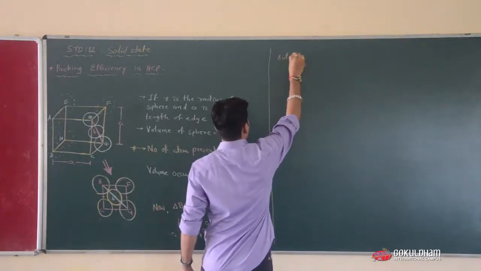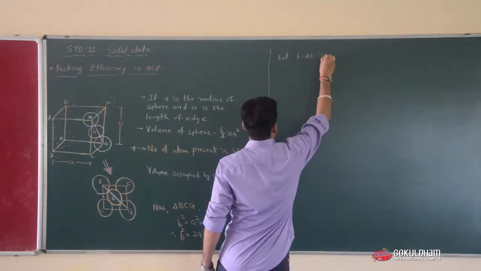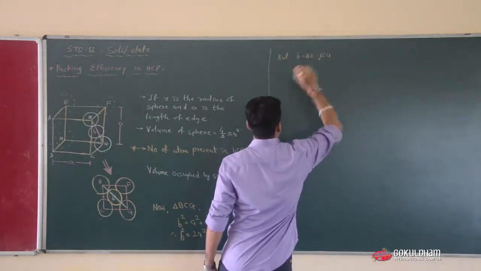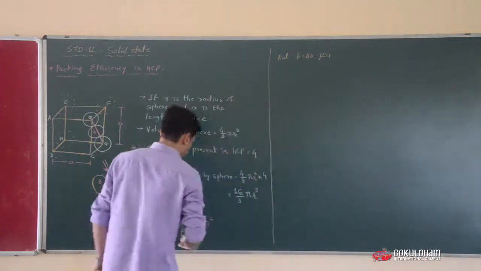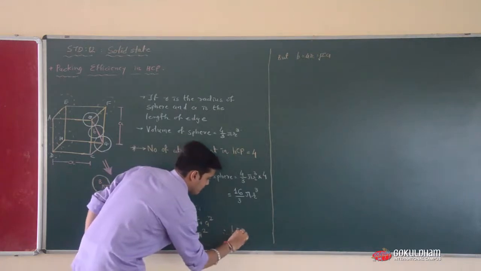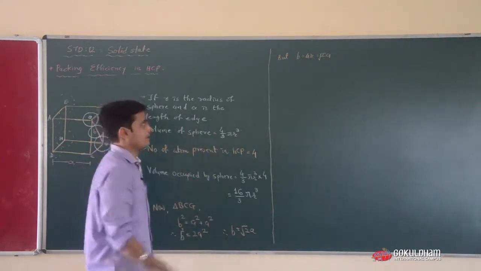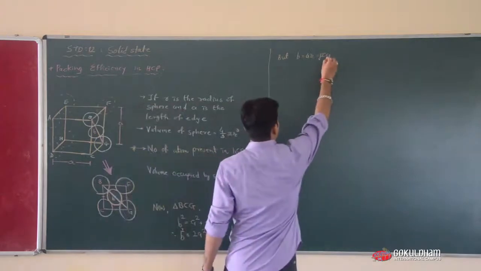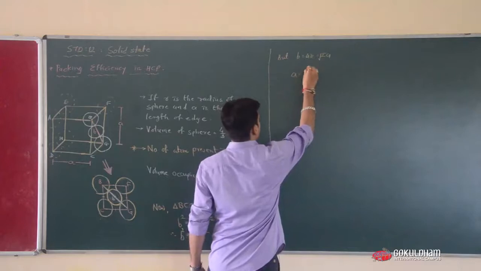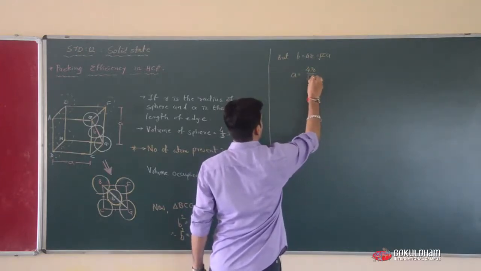So B is equal to 4r is equal to under root 2 a, because B square is equal to 2a square, therefore B is equal to under root 2 a. So we can calculate a is equal to 4r upon under root 2.